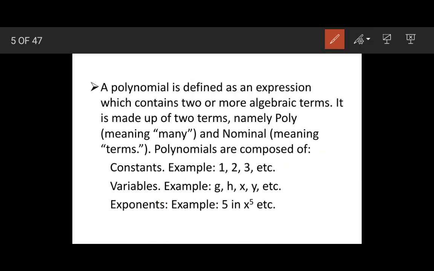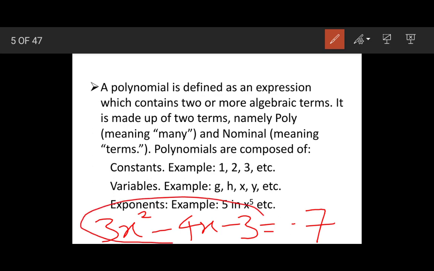Once again, suppose expression is 3x square minus 4x minus 3 is equal to minus 7. On the left hand side, suppose I am changing the last 3, instead of 3, suppose here it is 1.